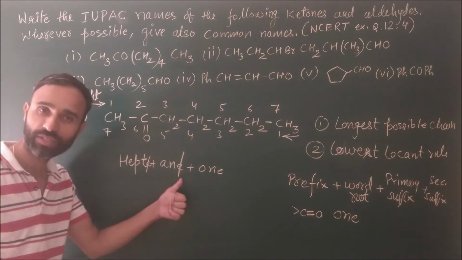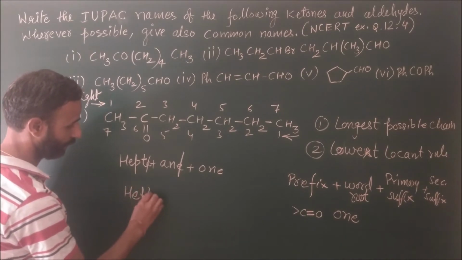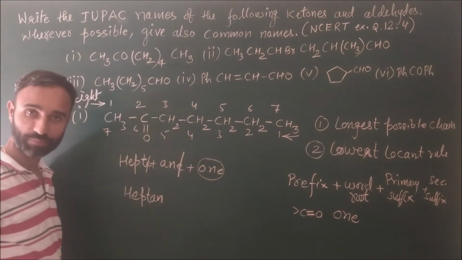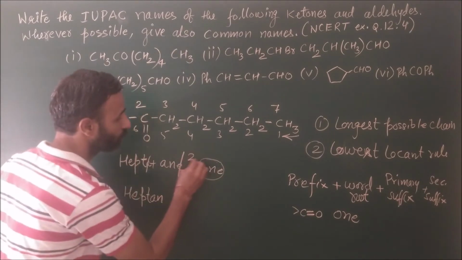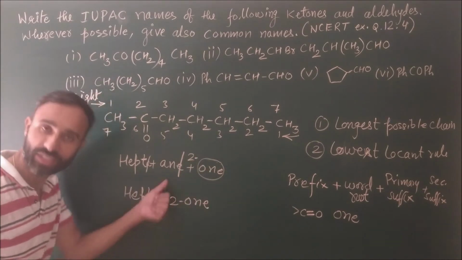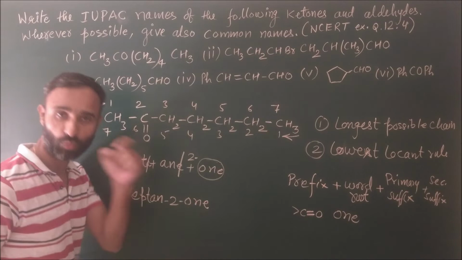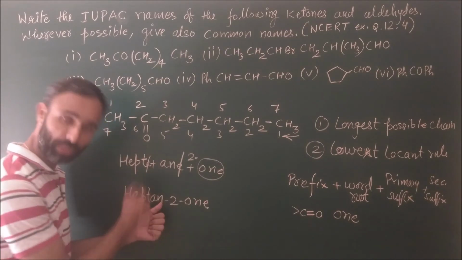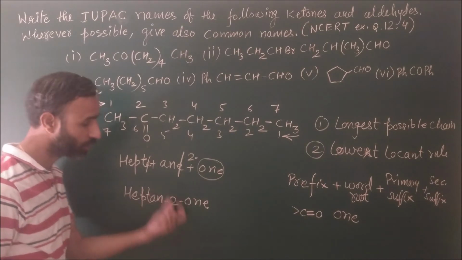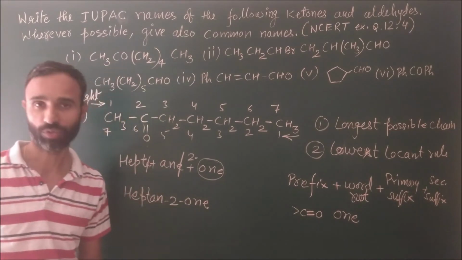Now what is the name? Heptane, but what is the position of one? 2. So it is heptan-2-one. The E is removed because the suffix begins with a vowel, so the previous vowel is cancelled out.